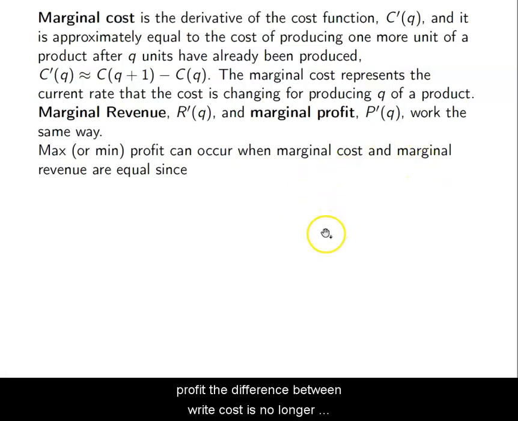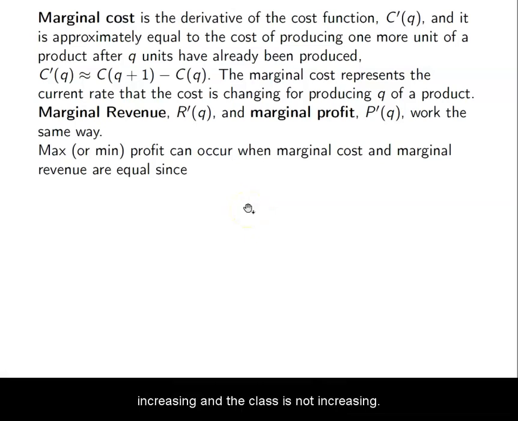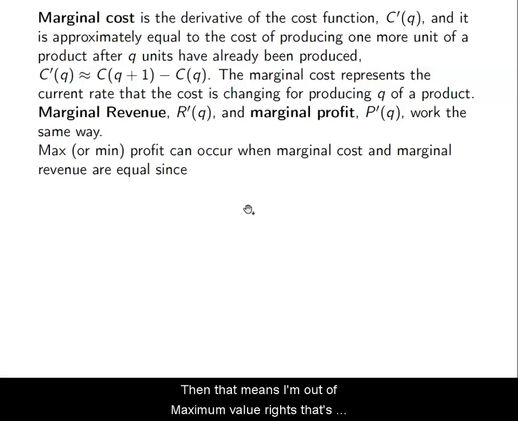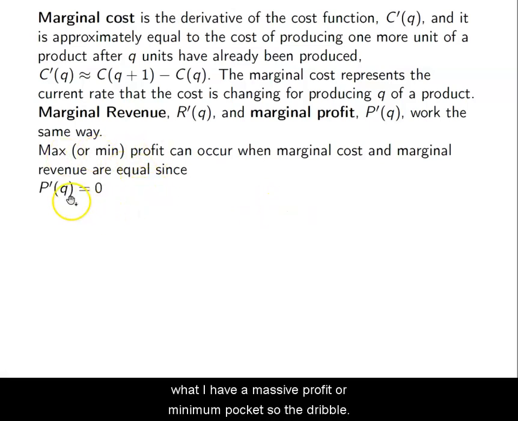If the money I'm generating is not increasing and the cost is not increasing, then I'm at a maximum or minimum profit.